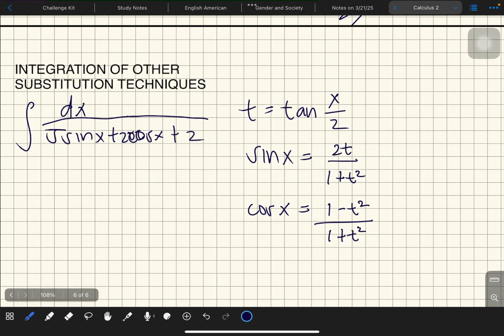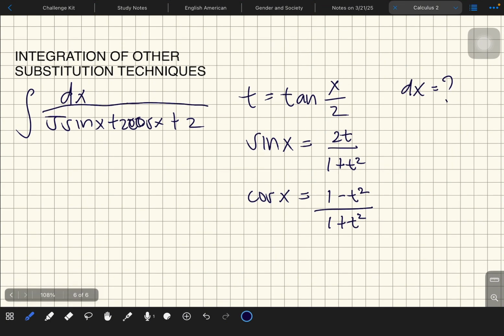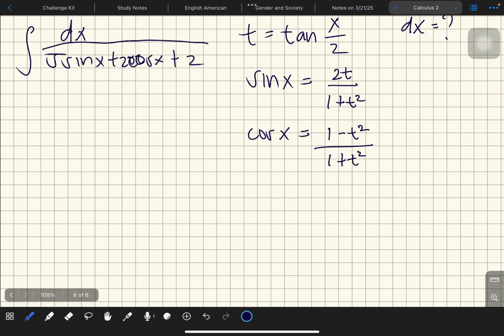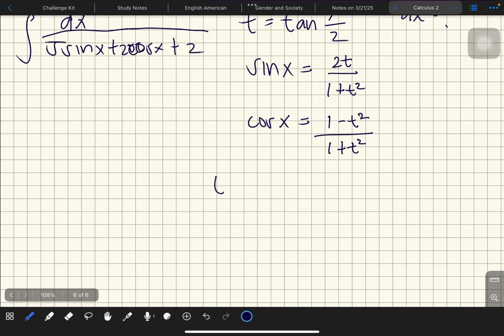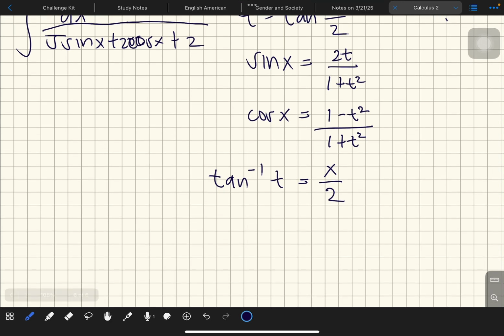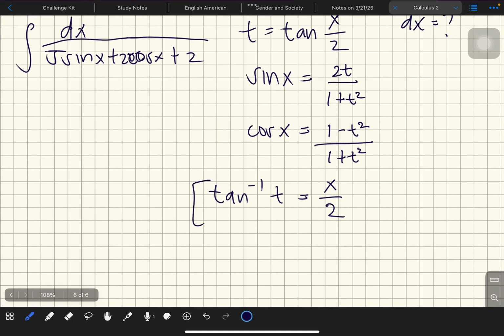Now, my question: how can we find our dx? To find our dx, we let the tangent be the arc tangent. Therefore, we have arc tangent t is equal to x over 2. To get rid of that 2, we multiply by 2.